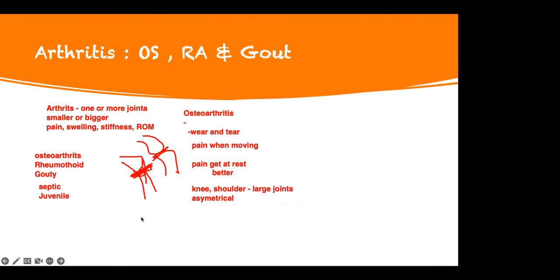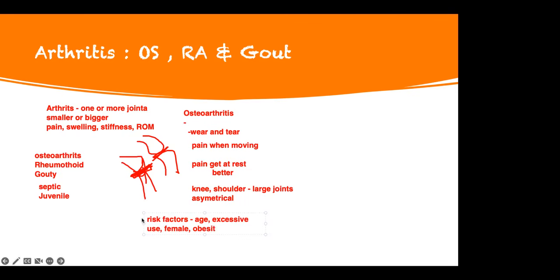So you can think of risk factors based on the pathophysiology. So what are the risk factors? Age, okay? Right? Excessive use of the joint is the problem, so excessive use will put you at risk for that. Unfortunately, female, I don't know, it's just bad.